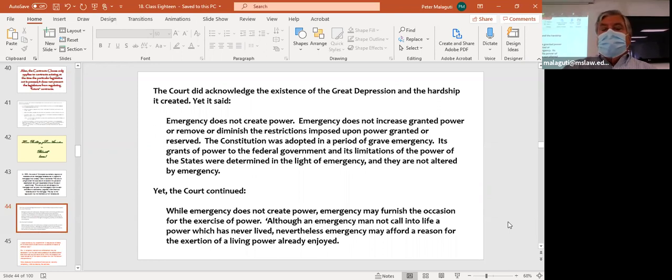So the court here is being a little bit defensive, saying it's not just what some might say, ignoring the contracts clause because we're in the middle of a Great Depression. These powers are there. It's just that the Great Depression has given a reason for exercising powers that were already there.